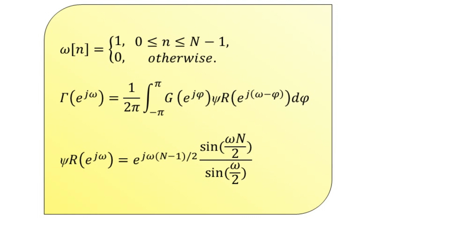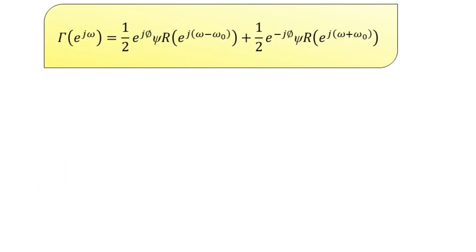So making the substitution of capital G of e to the power j omega, let us obtain capital gamma of e to the power j omega equal to 1 by 2 times e to the power j phi times psi suffix r of e to the power j times omega minus omega 0, which is further added to 1 by 2 times e to the power minus j phi multiplied by psi suffix r of e to the power j times omega plus omega 0.